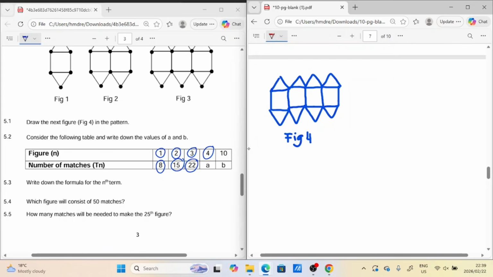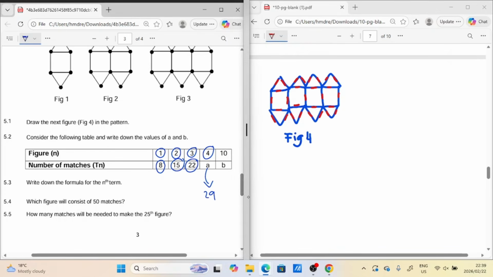So we've got 1, 2, 3, 4, 5, 6, 7, 8, 9, 10, 11, 12, 13, 14, 15, 16, 17, 18, 19, 20, 21, 22, 23, 24, 25, 26, 27, 28, 29. So that value there, A is 29 matches.